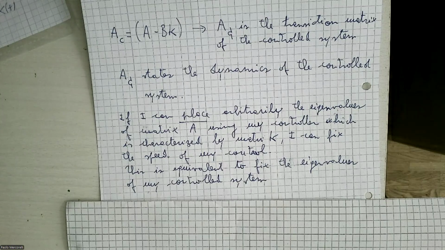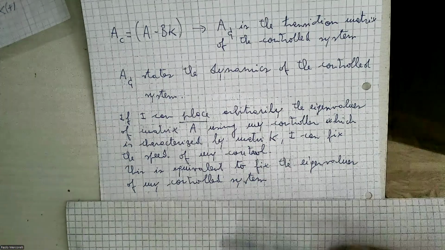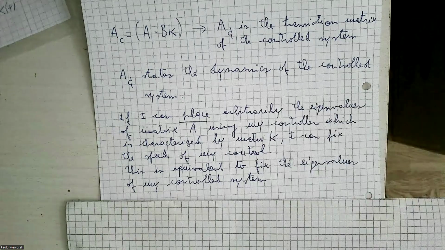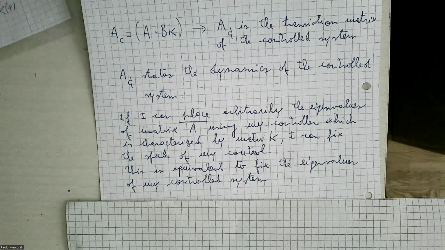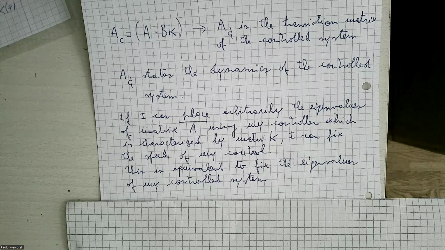Probably it is better to show the exercise than to explain this concept. But anyway, if I change the eigenvalue lambda, I will change the speed and the reaction of the system, how fast or how slow I can reach the goal.